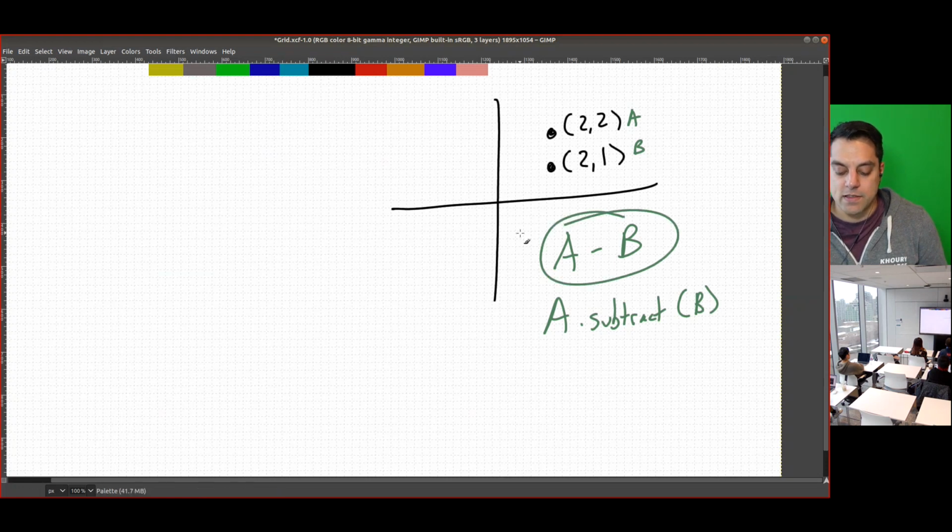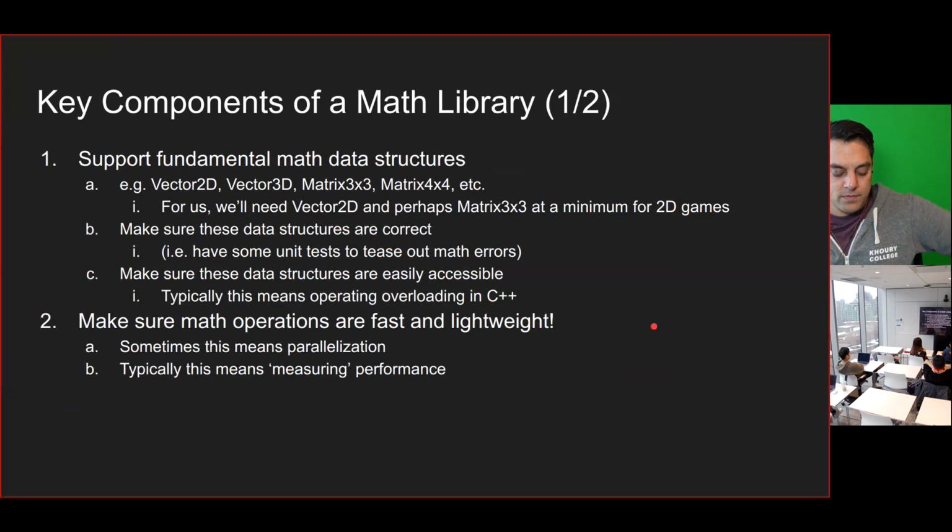So again, that's just on the usability. And we call this overloading. So depending on what languages you've used, you may or may not have the ability to overload operators like minus and plus and so on. Okay, so that's the idea.